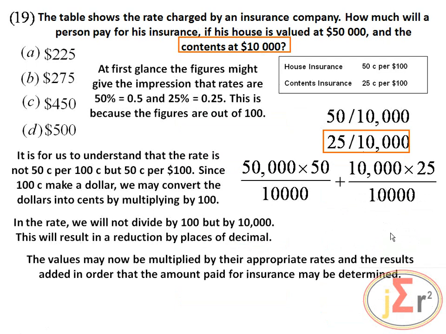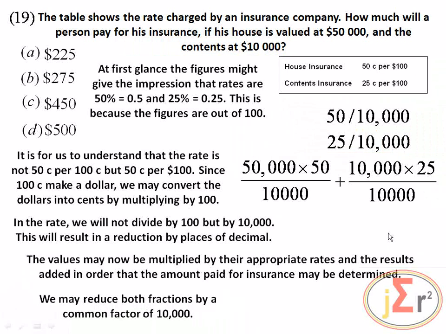That may be a bit cumbersome, but we see that simplification is not going to be very difficult. We may reduce both fractions by a common factor of 10,000. 10,000 there, 10,000 there.